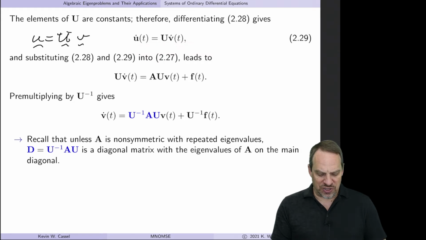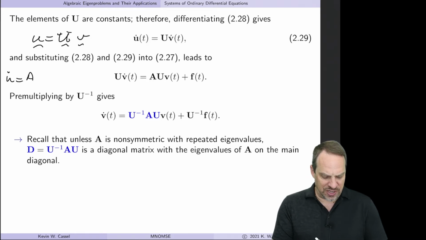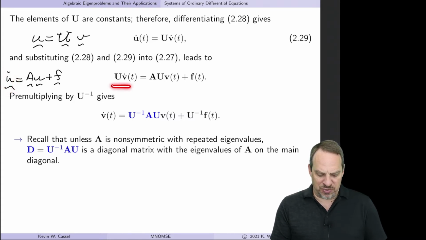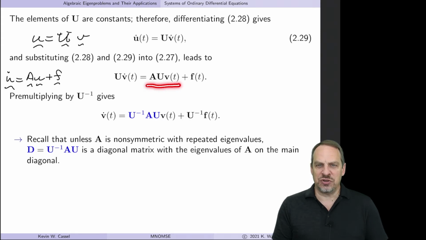And so we can substitute that into our system of equations, which was u dot is equal to Au plus f. And so now the u dot is capital U times v dot from here. We had A times little u. Little u is big U times v, so this is A times U times v plus our f.